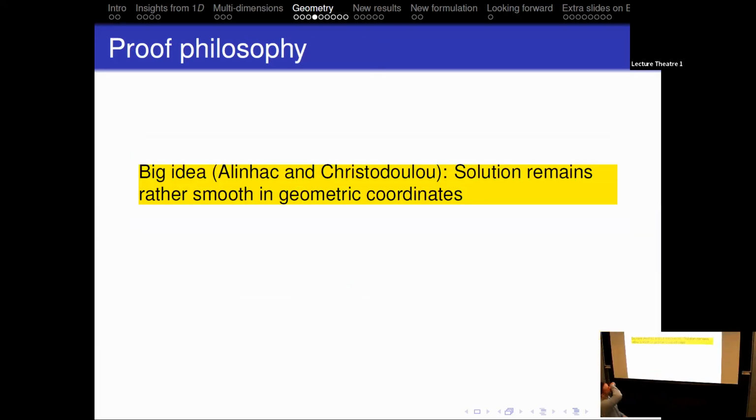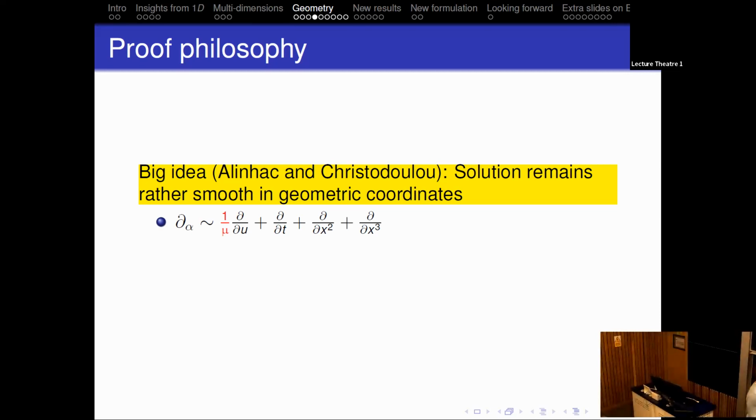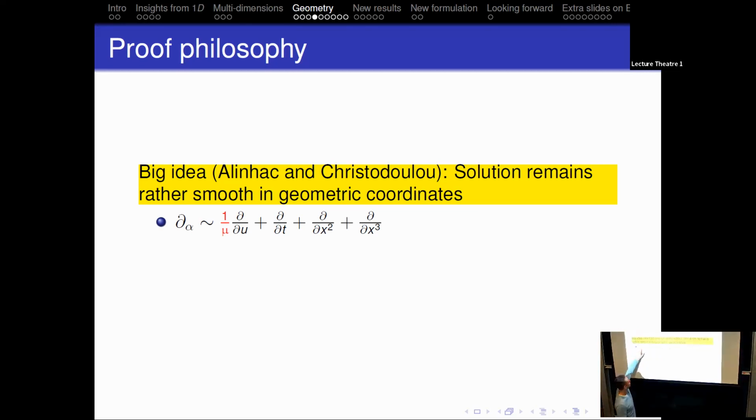Okay, so this is something I said earlier, the big idea of Alinhac and Christodoulou, certainly motivated by many results from one space dimension, is that the solution remains rather smooth. And so another way that one can understand the significance of mu in this problem is if you write down the change of variables to go from Cartesian derivatives d alpha to derivatives with respect to the geometric coordinates, what you will find is that the coefficient of d/du degenerates.